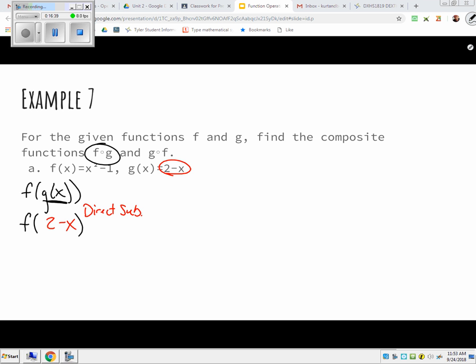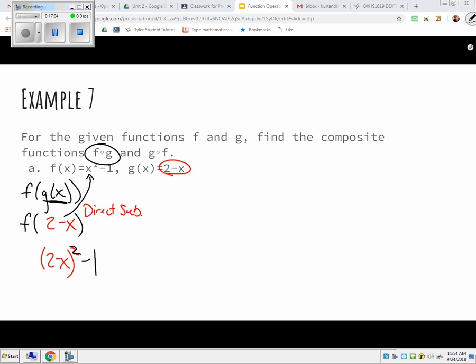So this works a lot like what we have been doing. We have f of a plus h, and we had to plug it in for f. This time, I'm going to take this 2 minus x, and I'm going to plug that in to this x on my f function. So 2 minus x squared, minus 1.